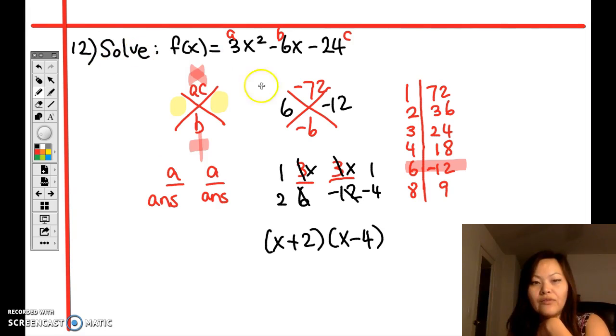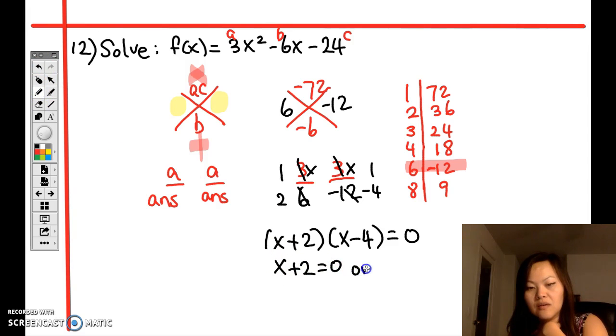Because it says solve, that means we have to make sure that this equation is set to 0. Okay, what that means is that that can equal 0 or the other thing can equal 0. Okay, so there you go. x plus 2. Ooh, I shouldn't have put the parentheses. So you can say x plus 2 equals 0 or x minus 4 equals 0.